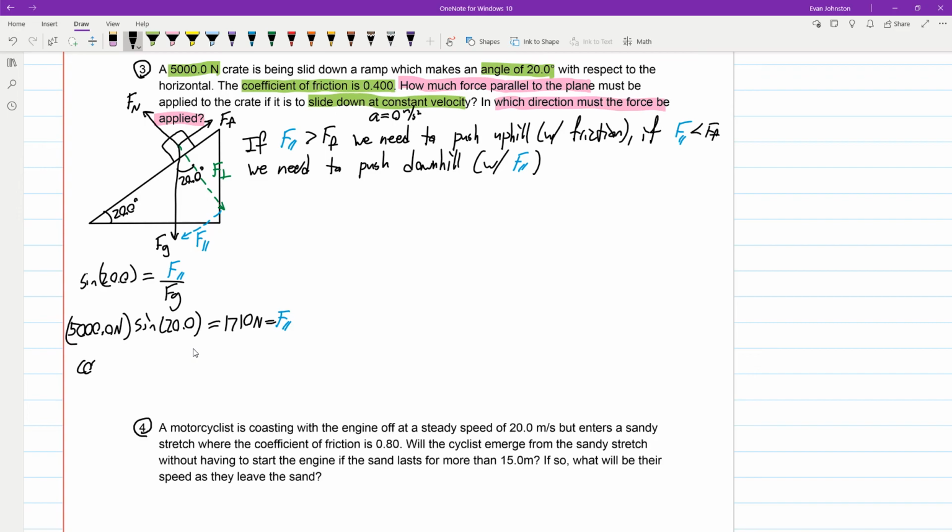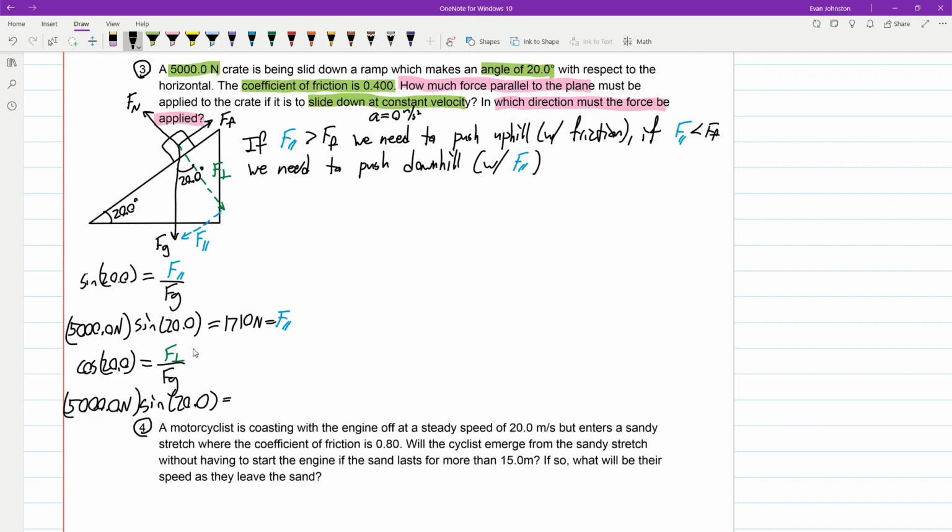And so doing cosine of 20, that would give us our perpendicular force over the force of gravity. And so then we would just do 5,000 newtons times sine of 20 degrees.